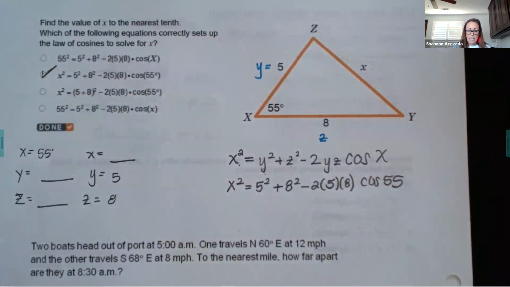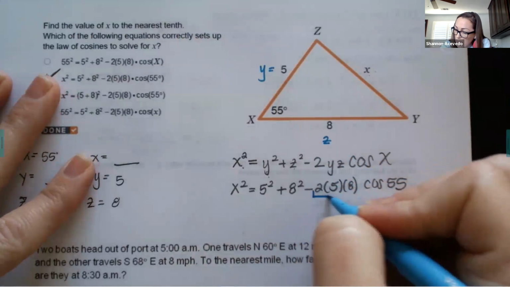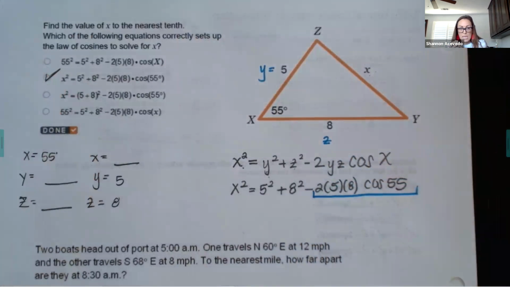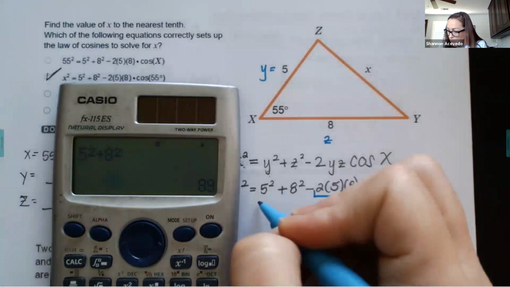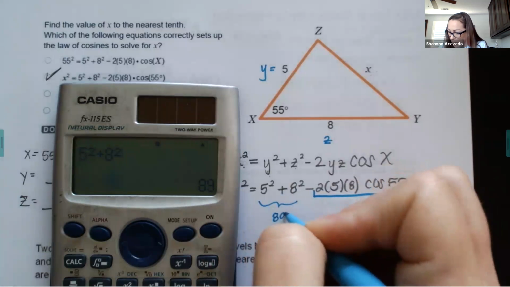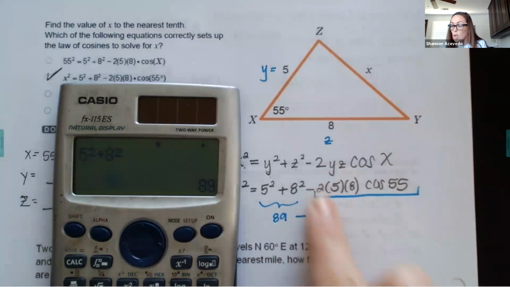I want to take 1 second just to solve this because I want to point out where your mistakes typically are. This right here is one piece. If I put this in my calculator, I would do 5 squared plus 8 squared, so this piece would be my 89. And then I would do minus, this is all together.